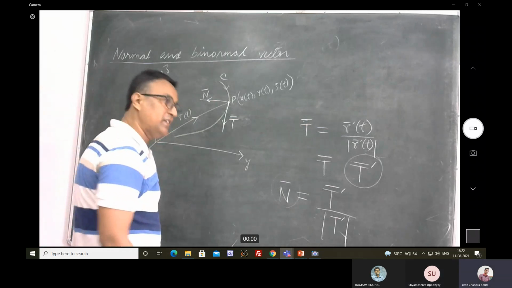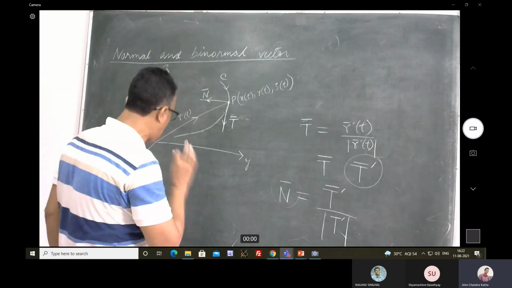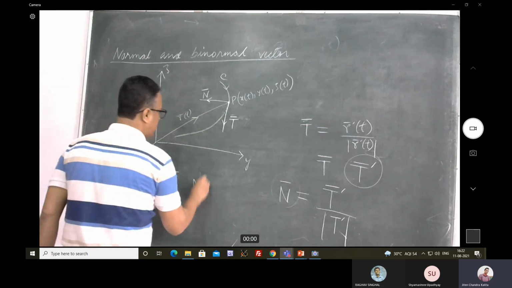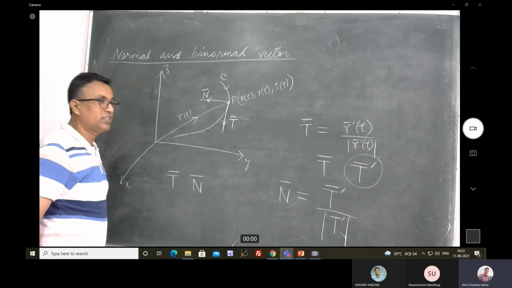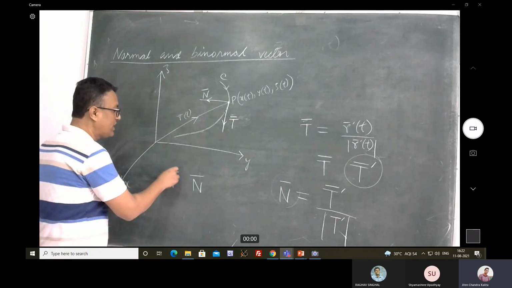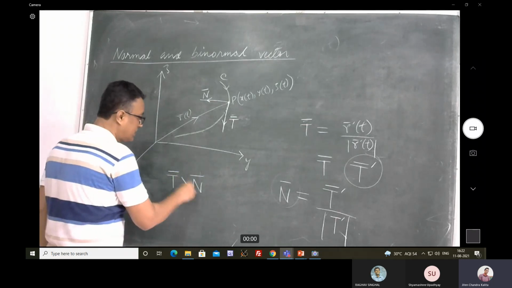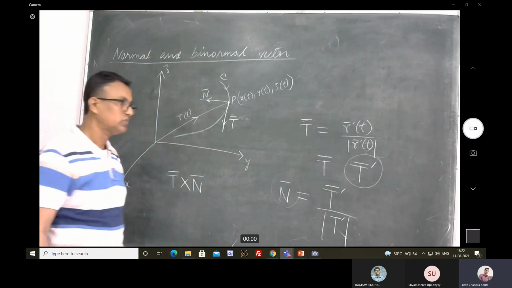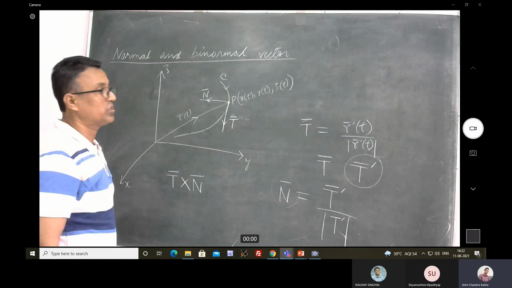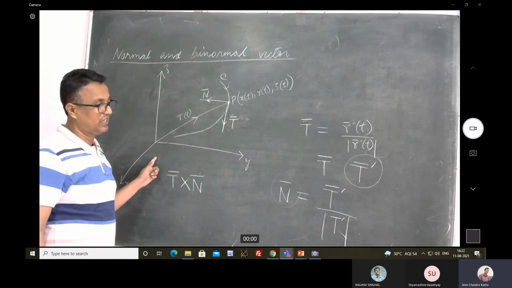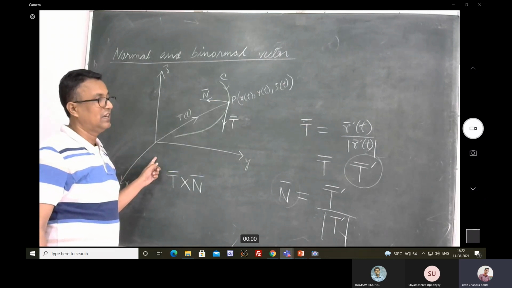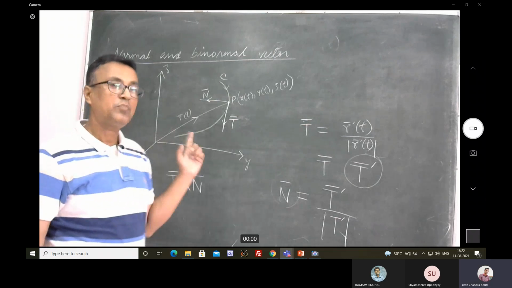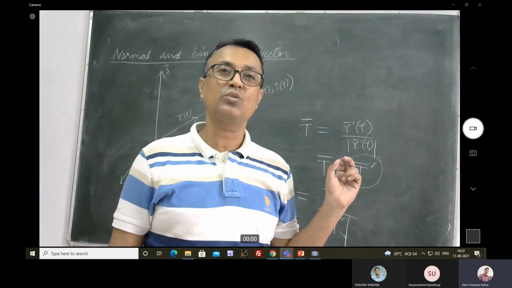Yes. And then what is happening? Now I know that T bar and N bar are perpendicular to each other. So obviously, if I take their cross product, and of course here I am going to assume that r prime of t is not equal to 0.